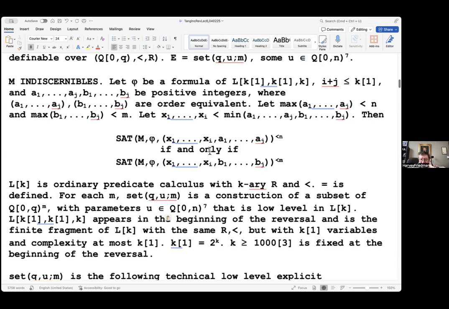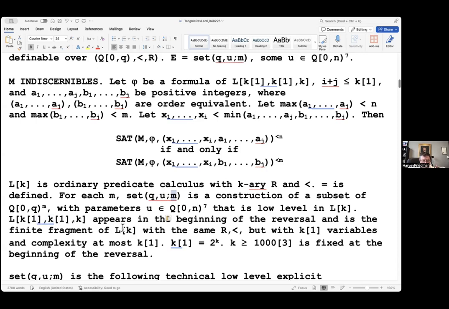That's low level in L of Q. See, I don't want to give all the details of this, but it's sort of low level in L of Q. L of Q may involve M. You see, there may be some big parts, so it isn't quite in this language here, down here.